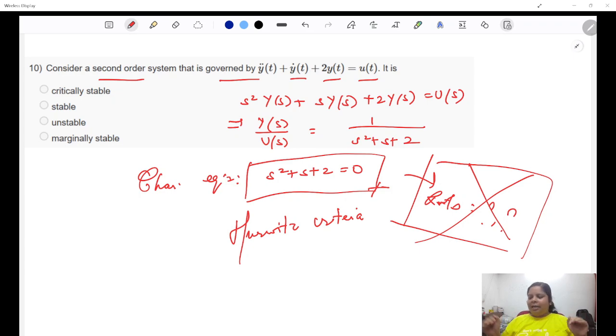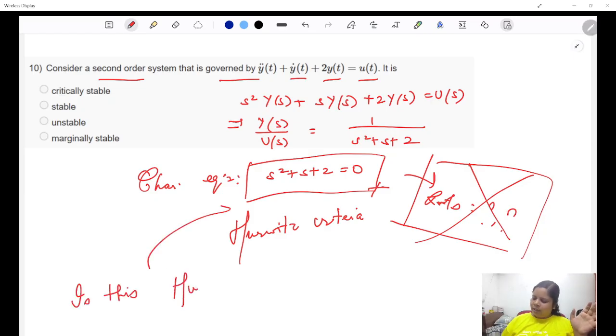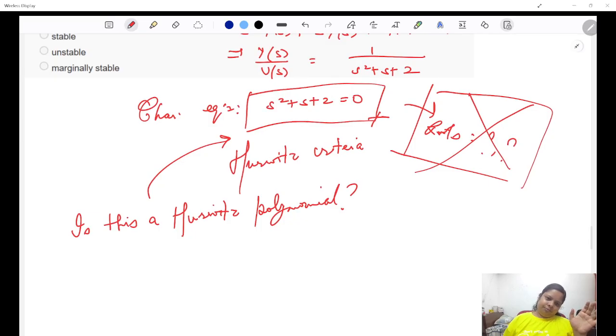What is the situation? First of all, is this polynomial a Hurwitz polynomial? Can you answer this question? It is a stable system. Okay. You say as all the coefficients of s have the same sign.